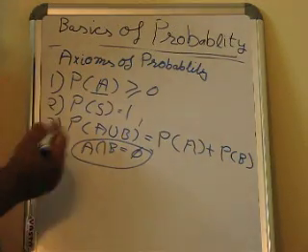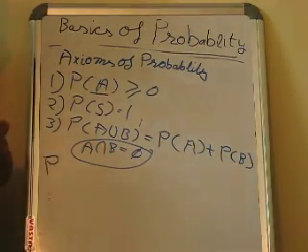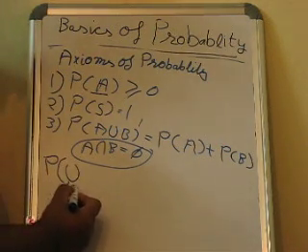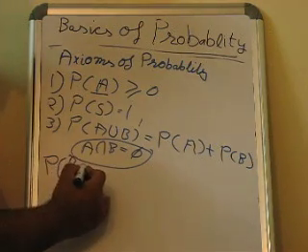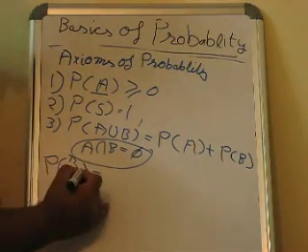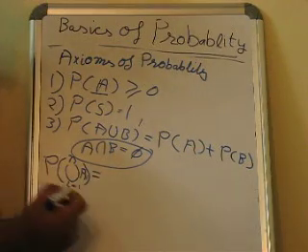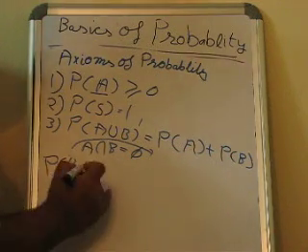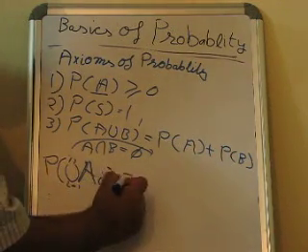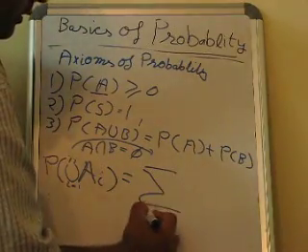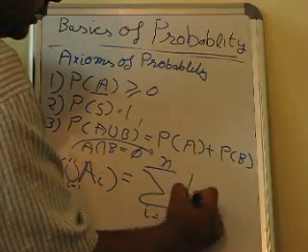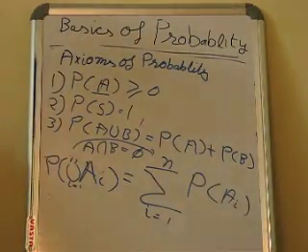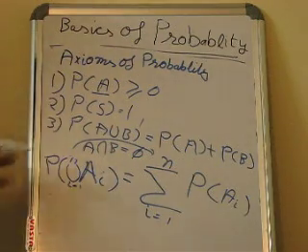If we have, say, n number of sets, what will we say? The probability of the union of A_i, i equal to 1 to n, is equal to the summation of i equal to 1 to n of the probability of A_i. That is the sum of the probabilities of all the events. This is the generalization of this equation.